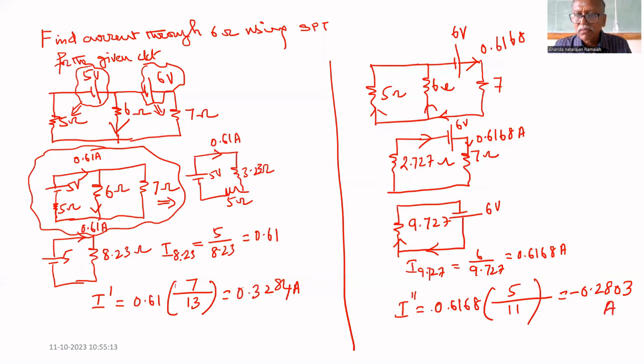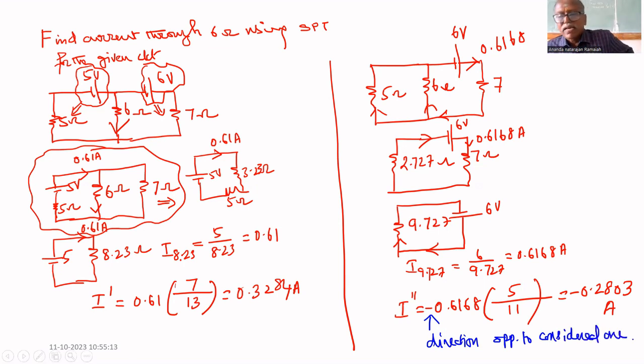Am I correct or not? Why did I put minus? Because the direction is opposite to the considered direction.